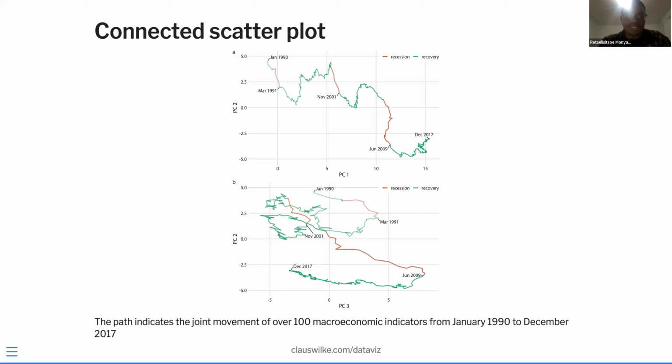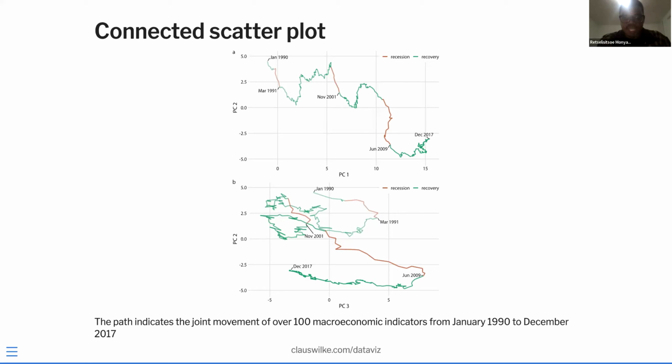I think with these connected scatter plots, I'll have to go over the section again just to get them, because I would imagine there are instances where they are helpful.